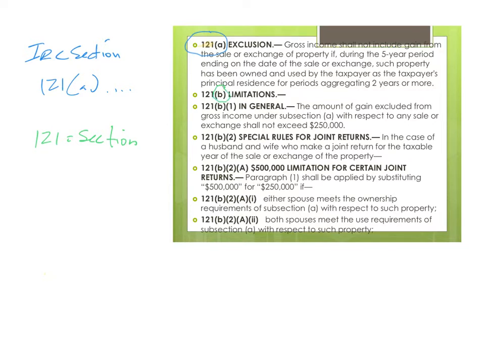In this situation where I circled in green, that's a B. So this lowercase b, all right, that is the subsection, all right? And then you have these numbers, all right?